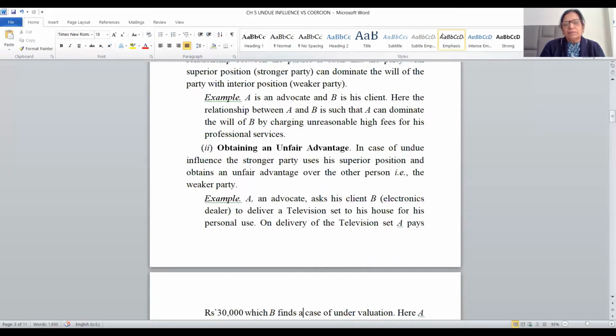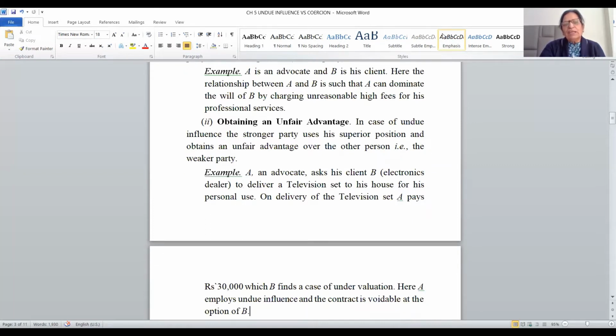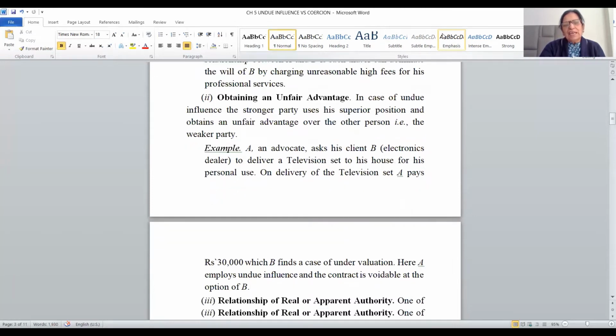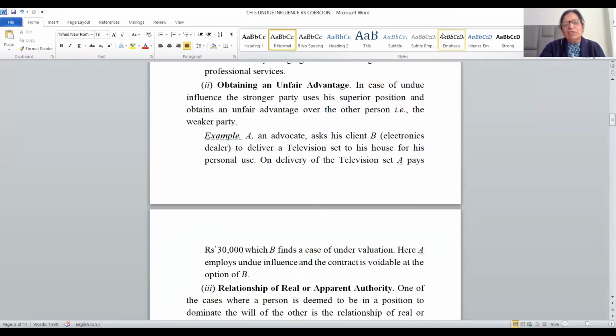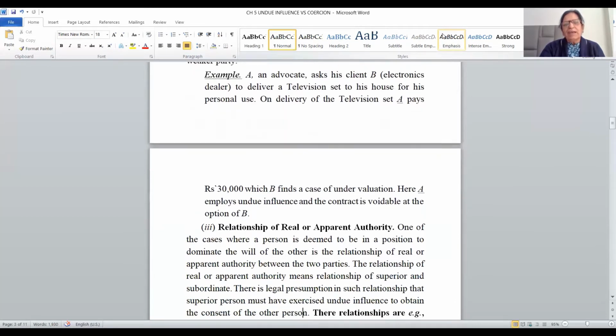Here is the example before you, where A, an advocate, asks his client B, who is a dealer in electronics, to deliver a television set to his house for his personal use. On delivery of the television set, A pays rupees 30,000, which B finds a case of undervaluation. Here A employs undue influence and the contract is voidable at the option of B.